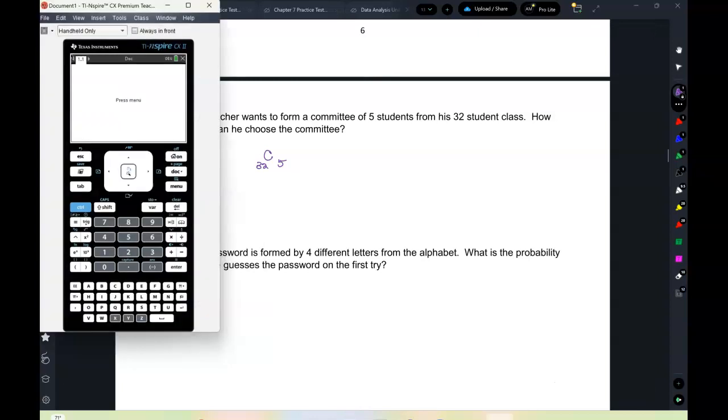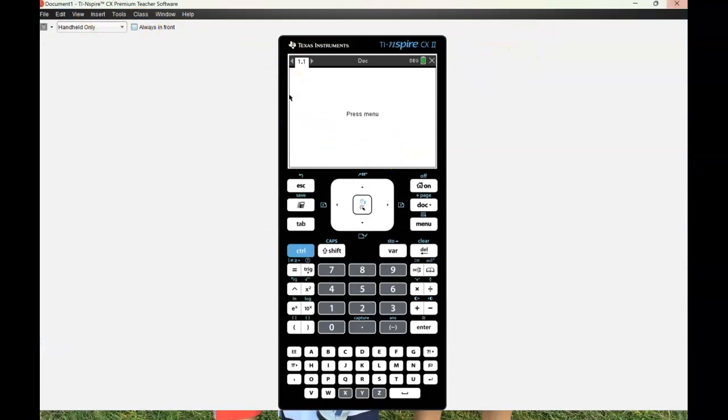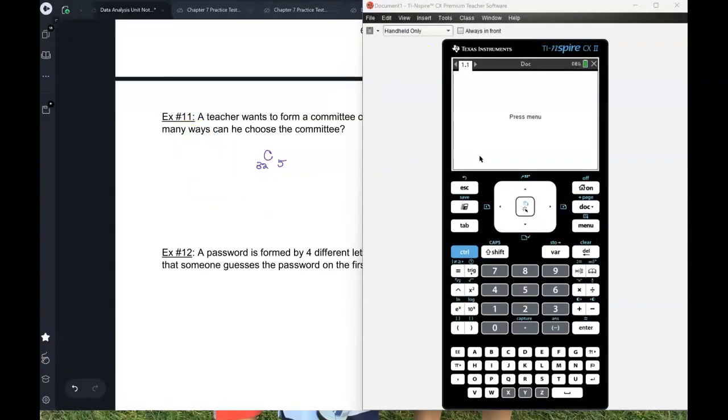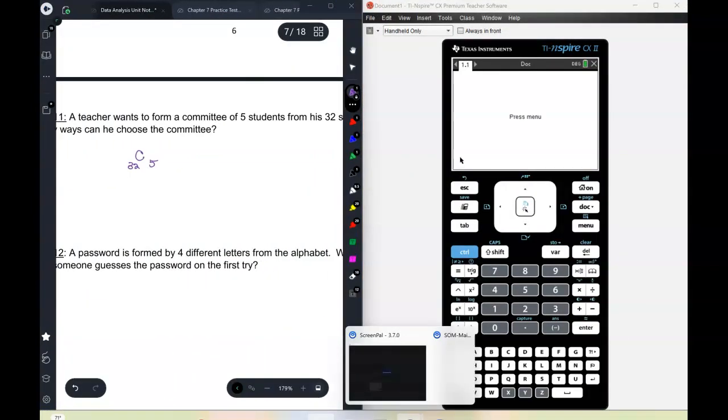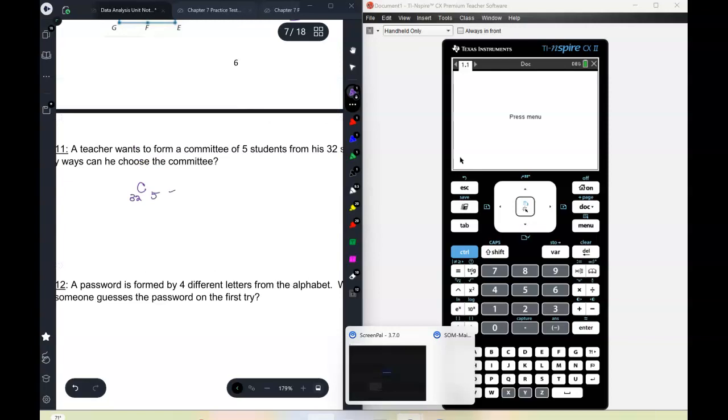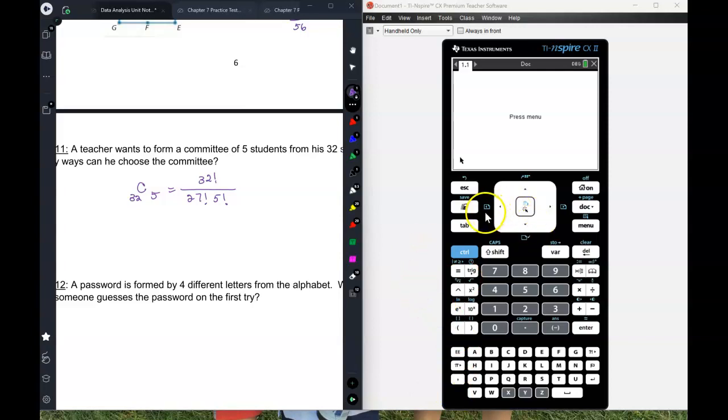So this is 32 factorial over how much? Times 5 factorial. Okay, so let's go over here.